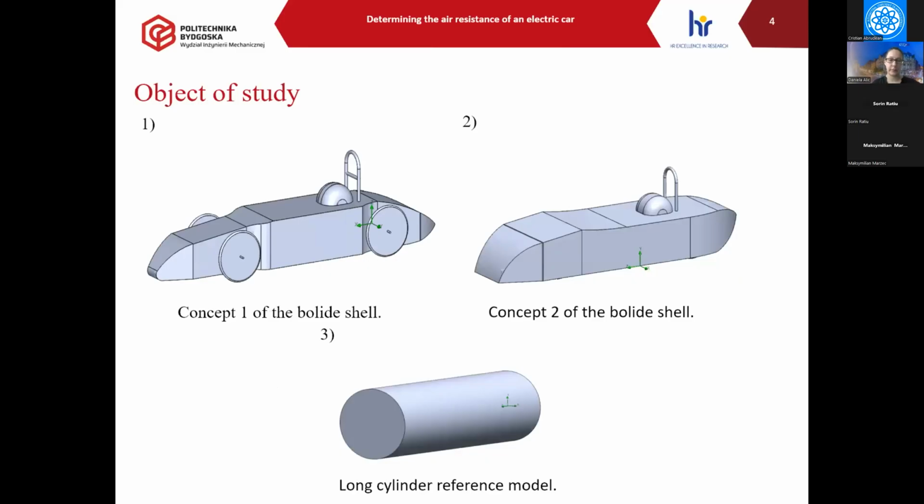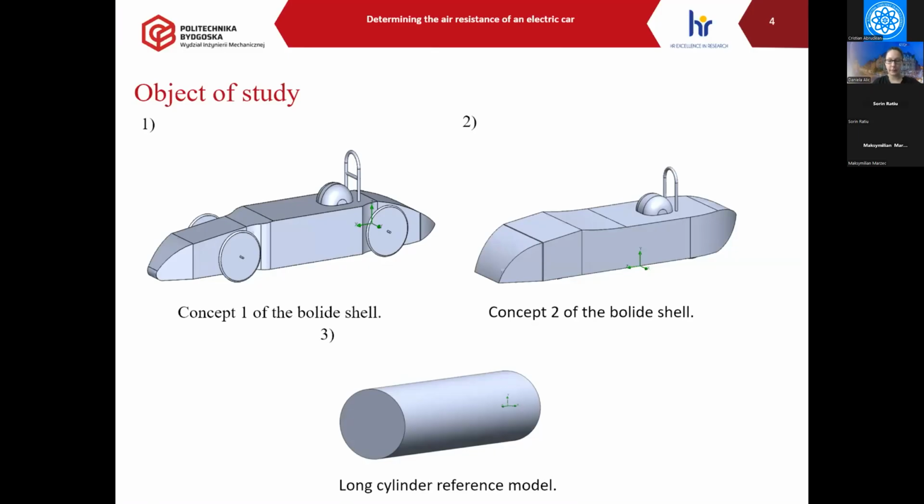The figure shows objects for numerical testing of the aerodynamic resistance of an electric vehicle. These are two selected concepts of previously designed vehicle bodies and a long cylinder reference model. Due to limitations of the calculation, the models have been simplified, but such important details as the driver's helmet, wheels, and roll bar have not been omitted.